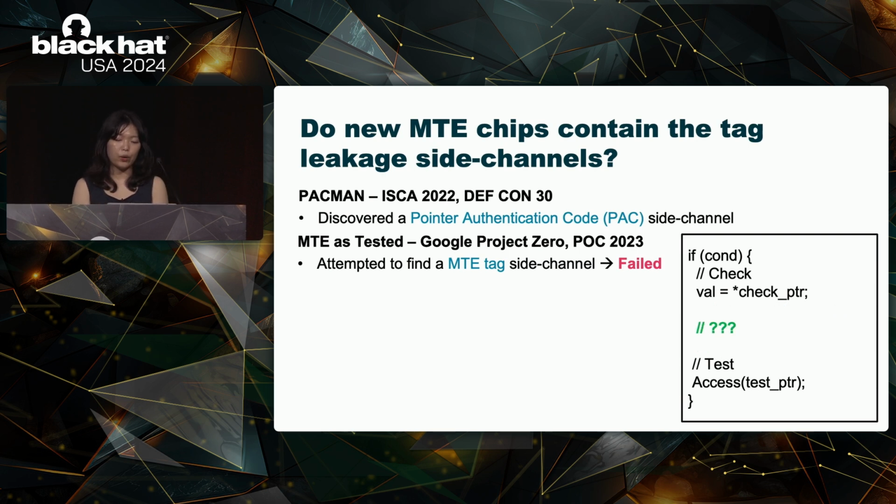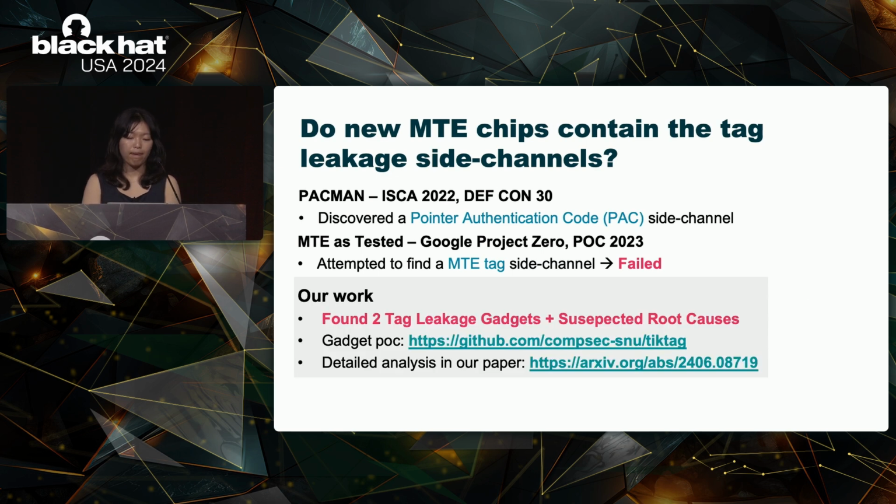What we did was find out what should be in the green part to induce the cache difference between the valid and invalid tags. And as a result, we identified two memory access patterns that actually create such differences, which we refer to as tag leakage gadgets. And we also have suspected hardware root causes, and you can find more details in our open source code and our arXiv paper.